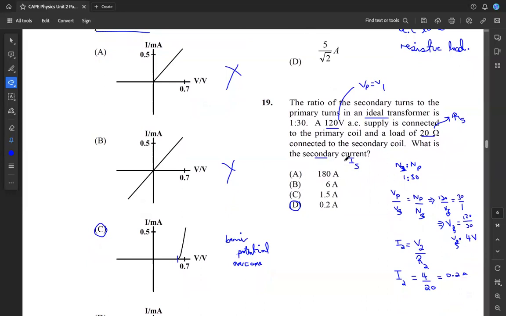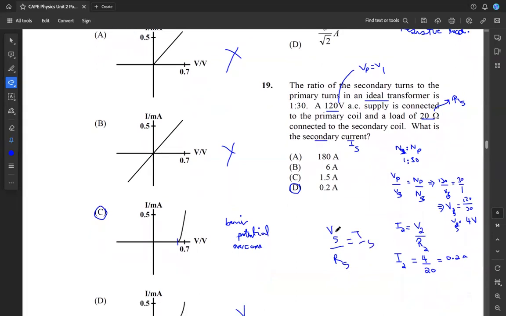But remember now, it's current that we want. So VS over RS is what's going to give us our IS. The voltage in the secondary coil that we got from here is 4 volts, divided by the resistance of the secondary coil that they gave us, 20 ohms.